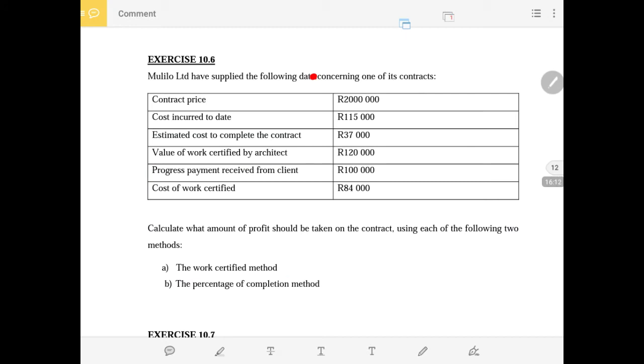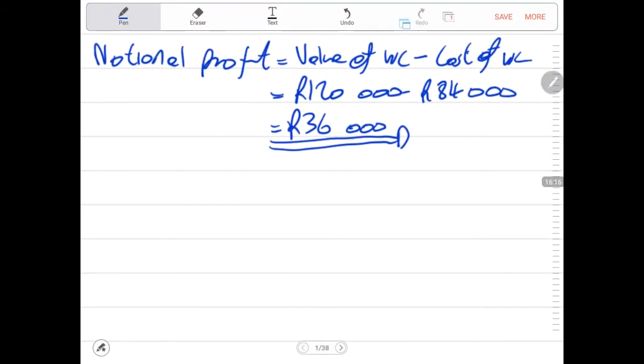So now that we have dealt with that, we go to the formula and ask, how do we take the profit using the work certified method? Profit taken is equal to 2/3 times the notional profit. Remember, our notional profit is 36,000.